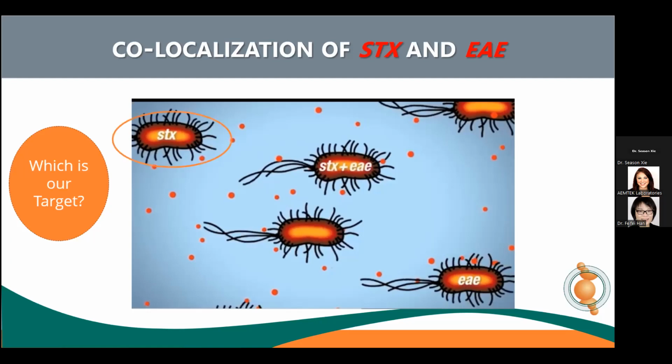As we mentioned earlier, the individual presence of the STEC or eae gene is not the primary target. Instead, the target of interest is the combined presence of STEC and eae genes within a single cell. In other words, rather than focus on the presence of stx or eae genes individually, the main objective is to detect the simultaneous presence of both genes within a single cell.